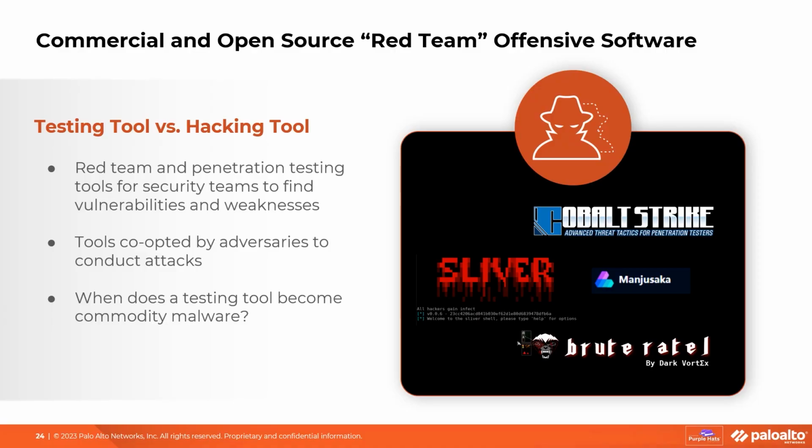And Sliver is just open source, so you can just go on GitHub and download it. The question of whether this is malware or not is a very big question in the security world. Most vendors and red teams think that those tools should be prevented, and we do put a lot of effort into preventing and detecting the usage of such tools.